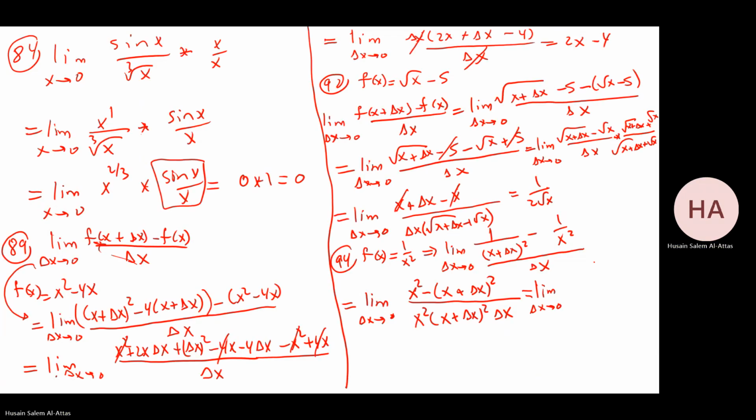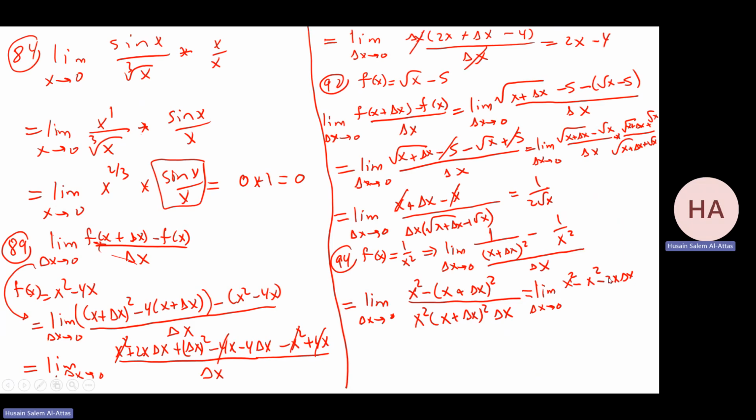It becomes x squared minus x squared minus 2x delta x minus delta x squared over everything here.